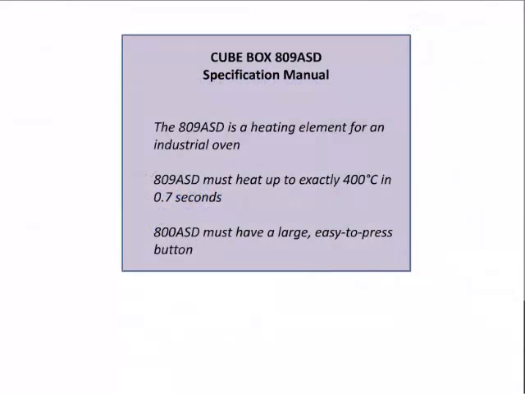However, if you have a user manual that says this particular device is a heating element for an industrial oven and it must heat up to exactly 400 degrees in 0.7 seconds, must have a large, easy to press button. So if there is a specification manual that outlines the specification configuration of this box, then we can compare what the manual says to the actual performance.